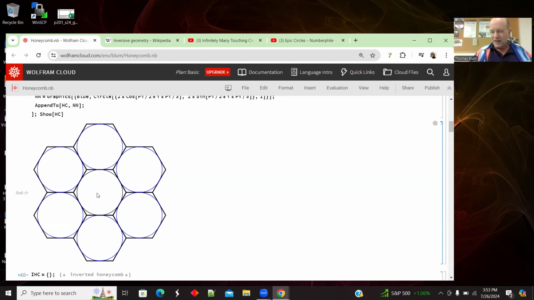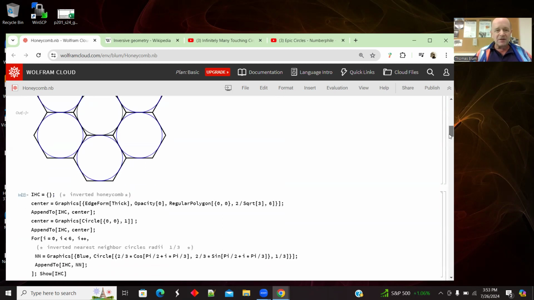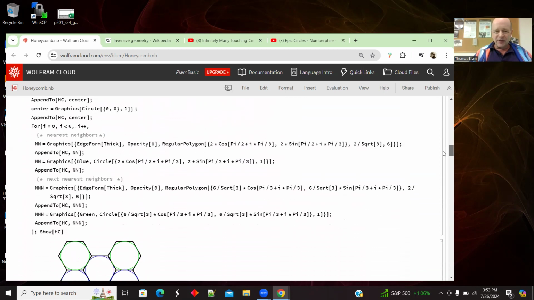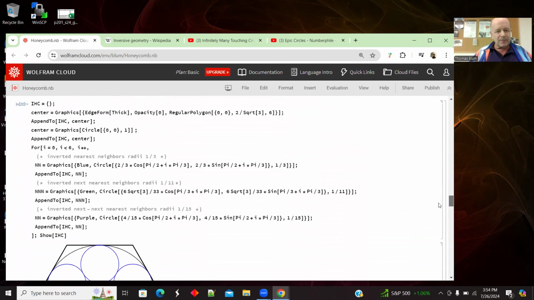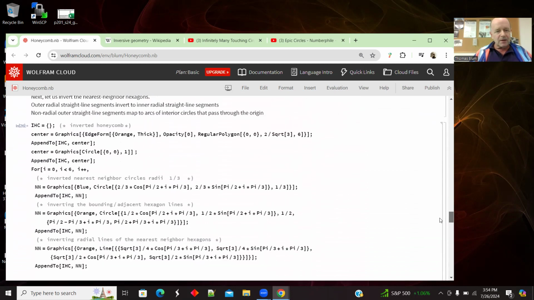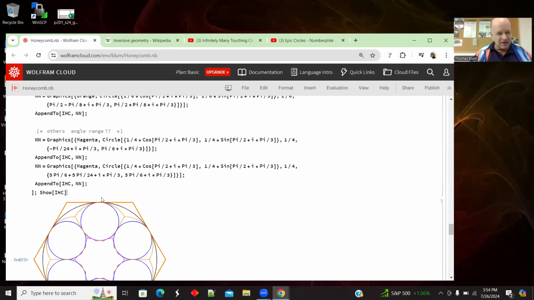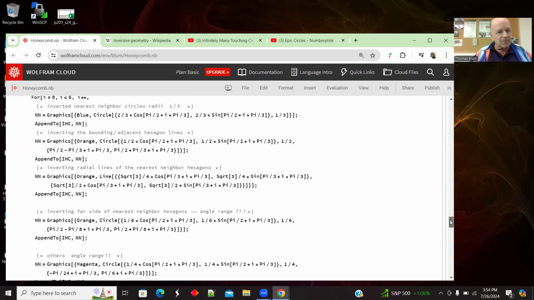It's got to touch the edge, so it must have a radius of 1/2. So these lines are also going to have nice radii. And so I'm going to draw that inverted circle.